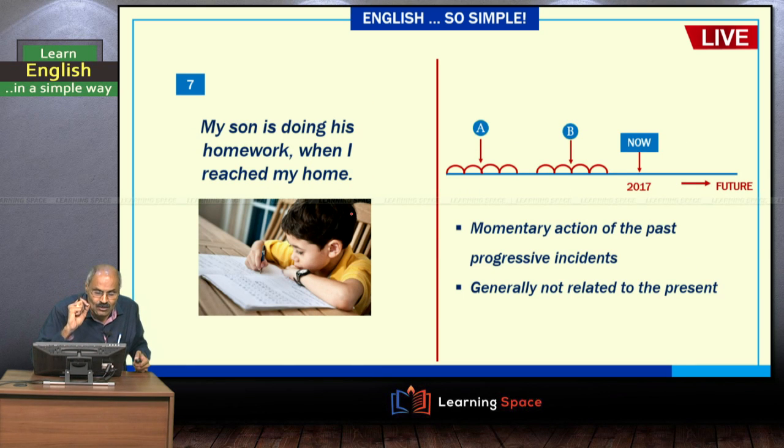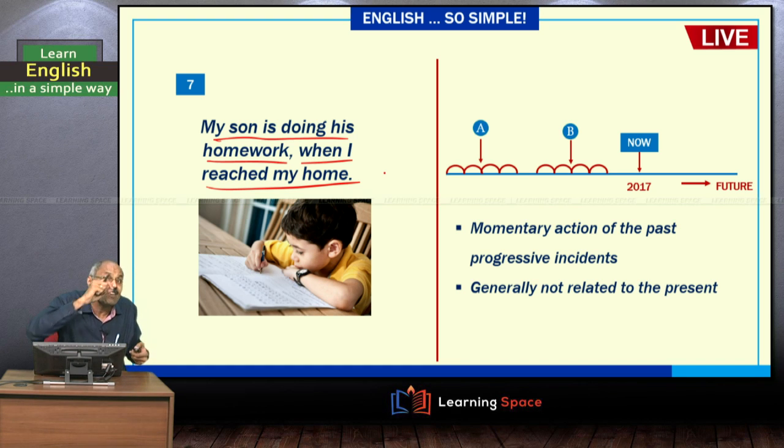My son is doing his homework when I reached my home. These are two past events. When the father reached the home, his son was doing homework. So, my son was doing homework when I reached my house. Reaching the house is a past incident, and at that time the momentary action was his son doing the homework.